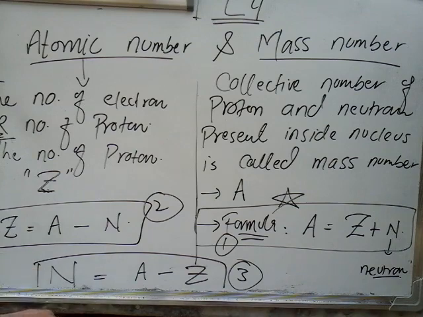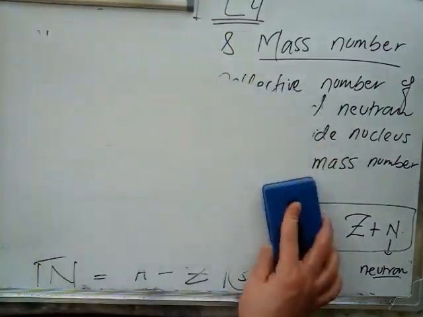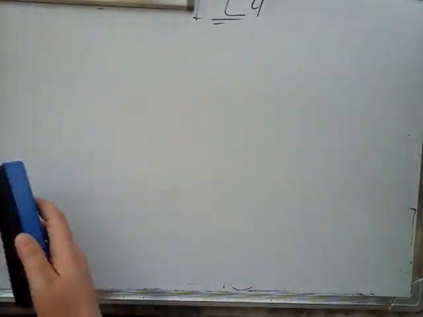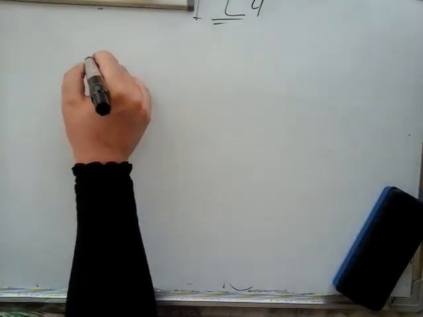From these formulas you can find mass number, atomic number and neutron number, just plus minus. Okay, so let's do some examples related to mass number and atomic number. For example, there is a given amount of carbon.